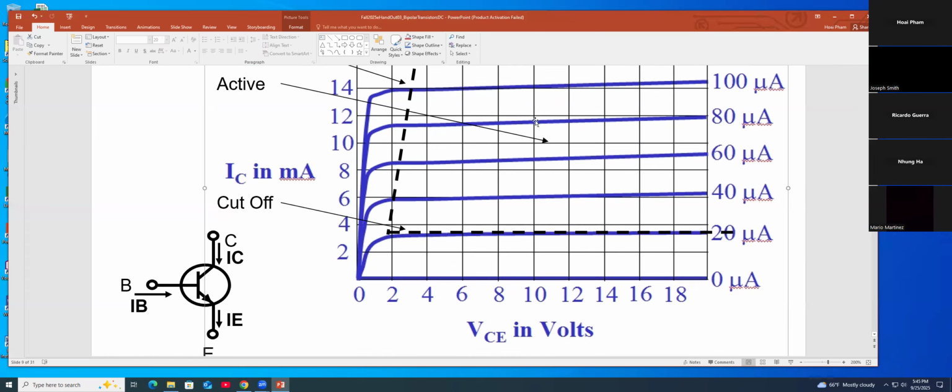If you want to know VCE, you go down here, VCE equals 10 volt. So on this display, basically they vary with the current IB. So if you get a point here, you know IB, you know IC, you know VCE.